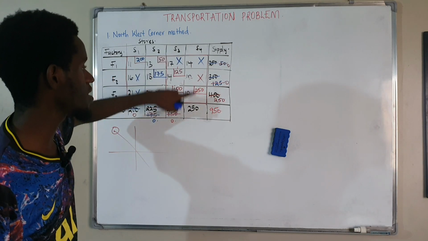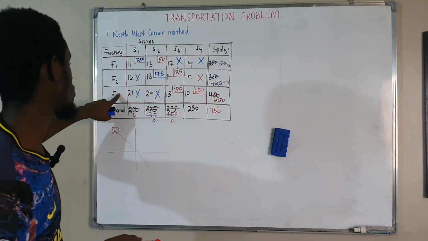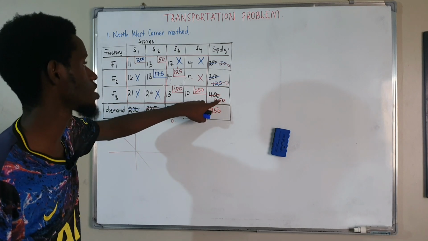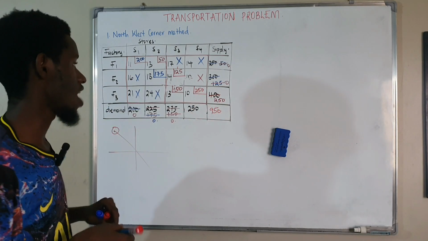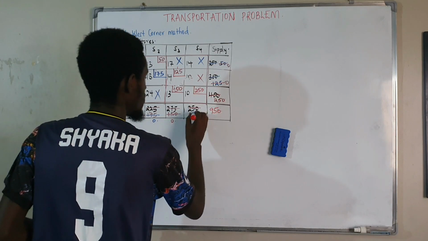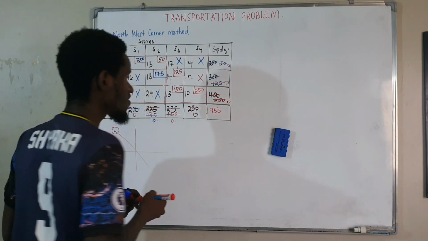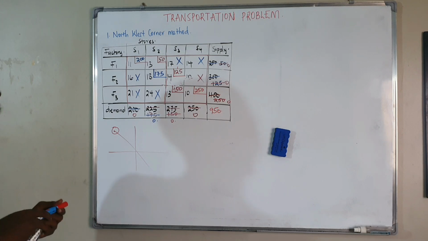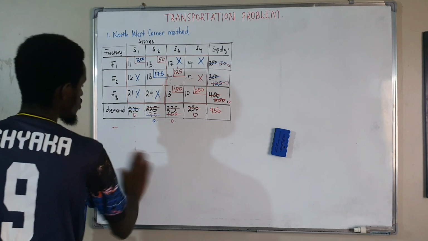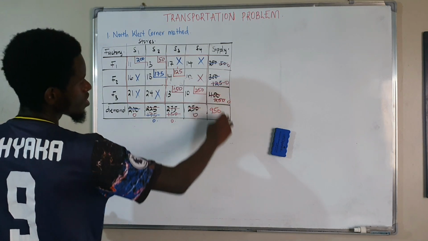Store 4 will demand 250 items, and factory 3, which is left with 250 items, will supply the remaining to store 4, and therefore we shall have a 0 here and a 0 here. As I've been doing, everything has to balance. At the end I should have zeros in every row and every column.